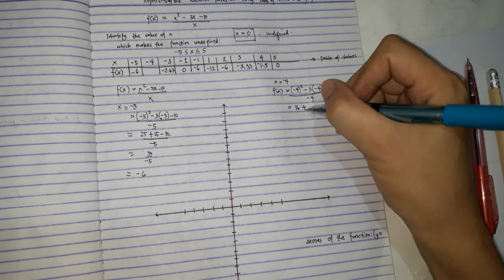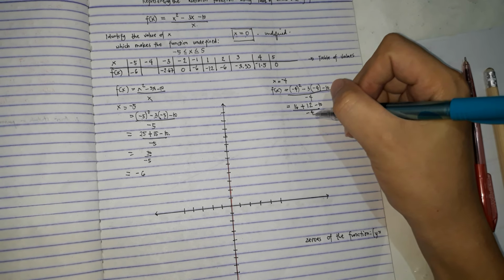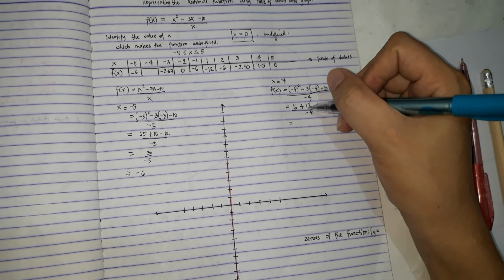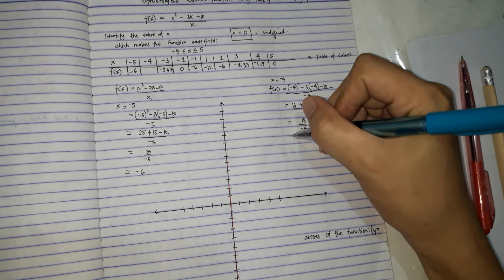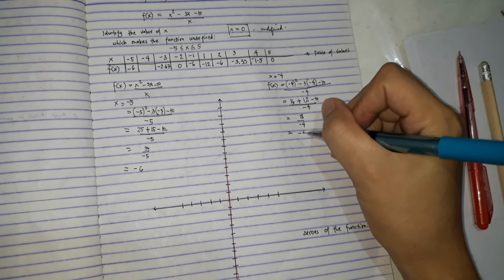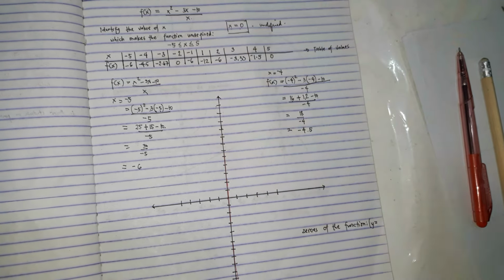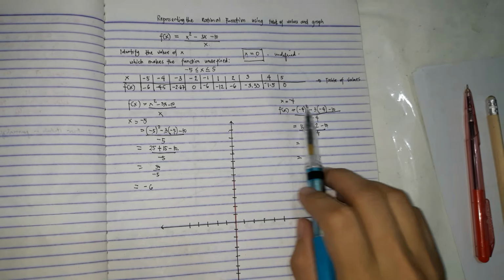Negative times negative, positive 3 times 4, 12, minus 10 over negative 4. 16 plus 12 is 28 minus 10, 18 divided by negative 4. The answer is negative 4.5.